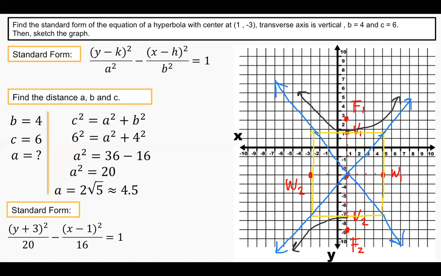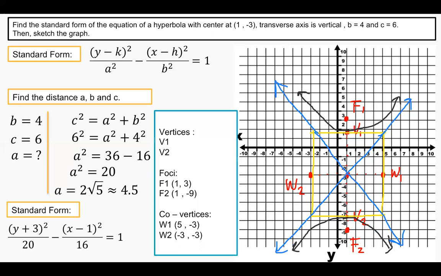So this is the graph of the given hyperbola, and based on the location of the given points, our vertex 1 is located at (1, -3 + 2 square root of 5). Our vertex 2 is located at (1, -3 - 2 square root of 5).